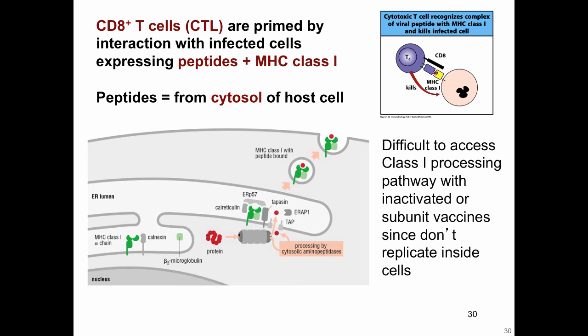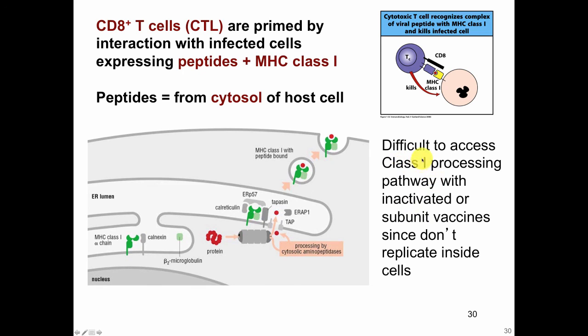And since the only way you're going to get that is with a live infection, most of our current vaccines, except for the live attenuated vaccines, are unable to do this. So it's difficult to access MHC class 1 processing pathways with inactivated or subunit vaccines, since these vaccines don't replicate inside cells.